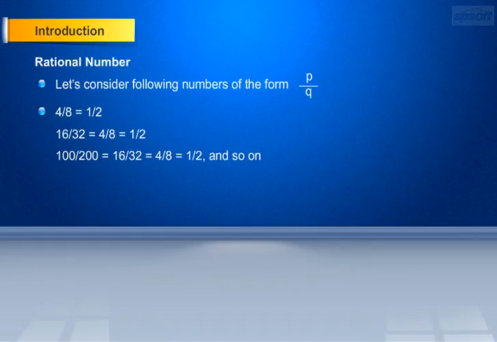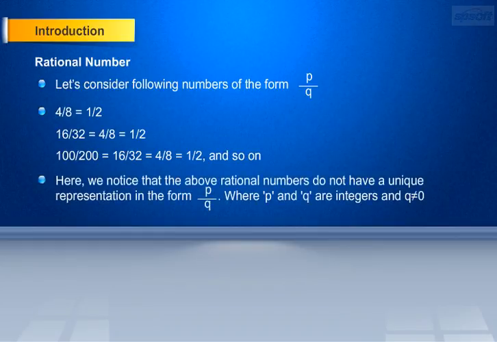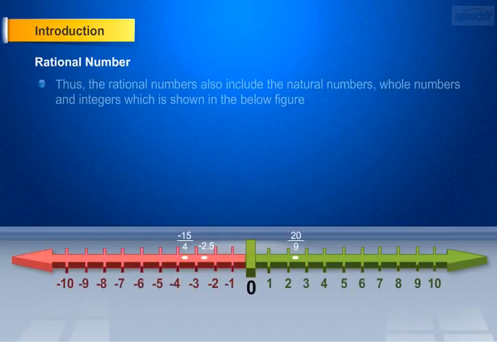Such numbers are called equivalent rational numbers. Here, we notice that the above rational numbers do not have a unique representation in the form p by q, where p and q are integers and q is not equal to 0. Thus, the rational numbers also include the natural numbers, whole numbers, and integers which are shown in the figure.